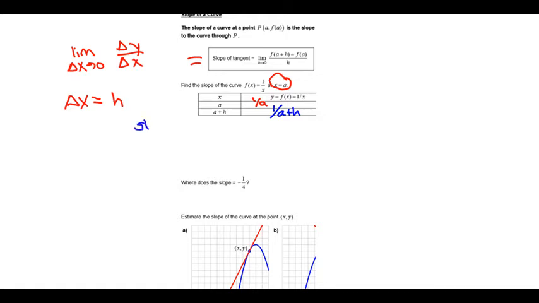So we want to find basically the slope on the interval a to a plus h. So again, we'll do delta y over delta x. So 1 over a plus h minus 1 over a, all over a plus h minus a.